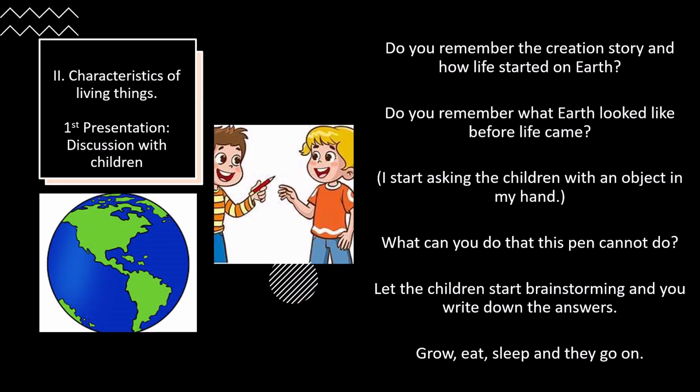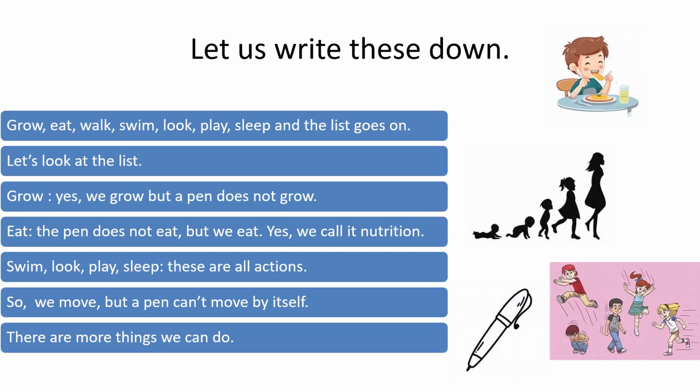Let the children start brainstorming and you write down the answers. Children would say, grow, eat, and they can go on. Write these down. Grow, eat, walk, swim, look, play, sleep, and the list goes on. Let's now look at the list.